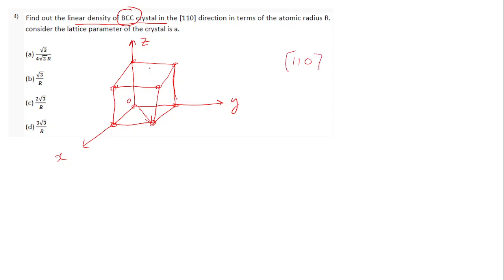Or you can understand it this way: whenever we have a cube, this is the 110 plane, because it's cutting the x-axis at 1, the y-axis at 1, and not cutting the z-axis, and perpendicular to it the direction vector will be 110.